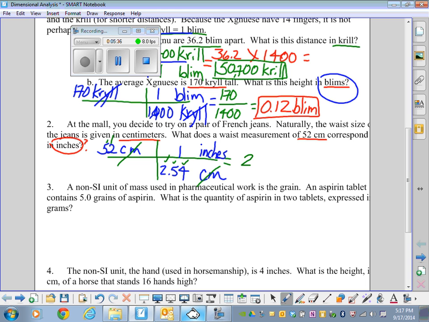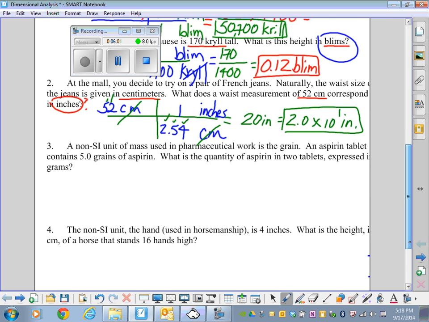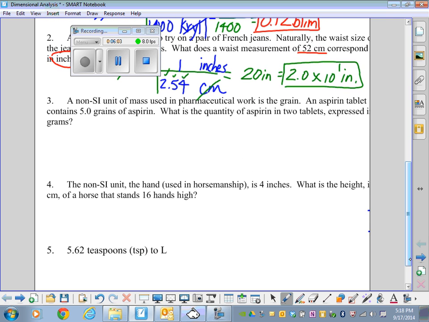My answer must be in 2 sig figs. The answer for 2 sig figs would be 20 inches, but that doesn't show us sig figs of 2, so we have to report it in scientific notation. And these are inches, okay? Again, the trailing zeros are always significant when there is a decimal.